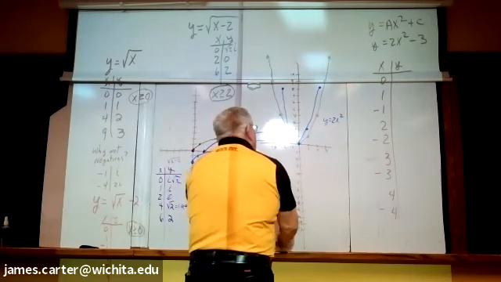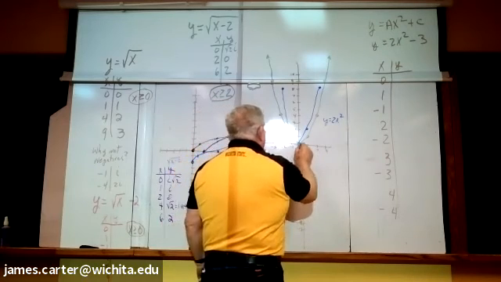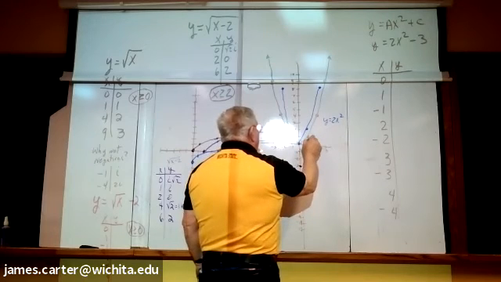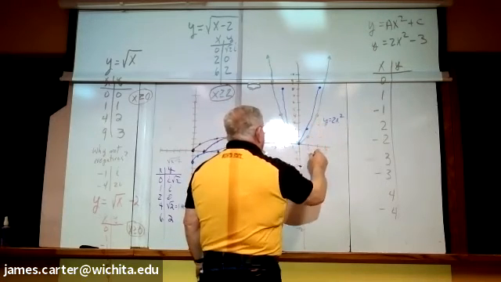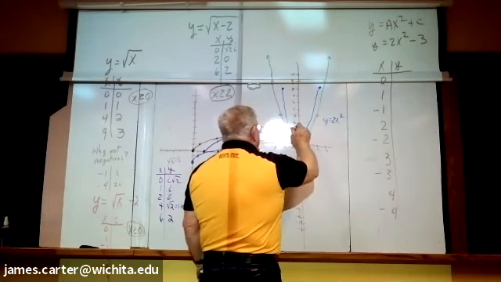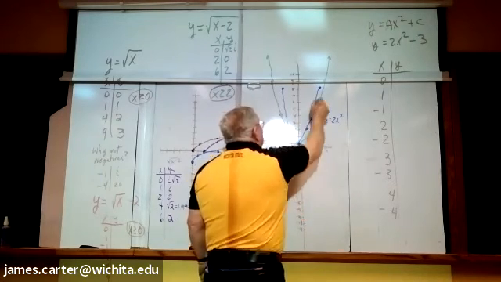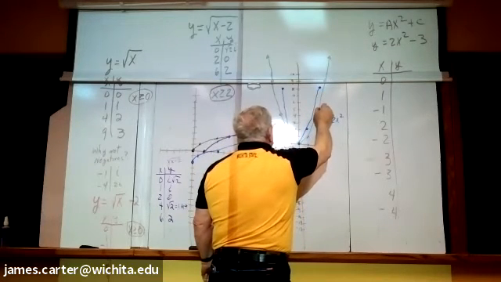Okay. Now for my graph with the -3 added. I move this point down 3, 1, 2, 3. I take this point and move it down 1, 2, 3. This one down 1, 2, 3. This one down 1, 2, 3.